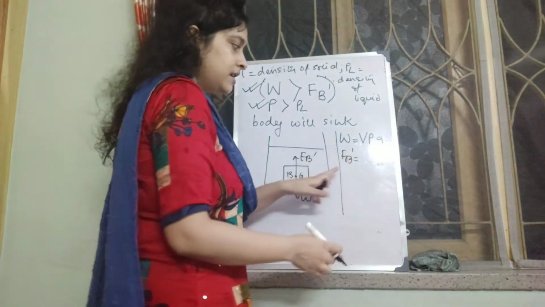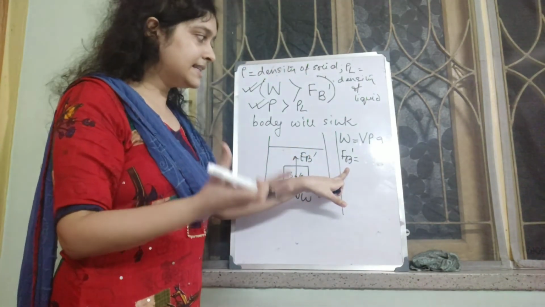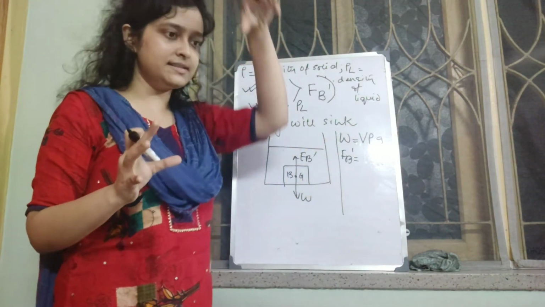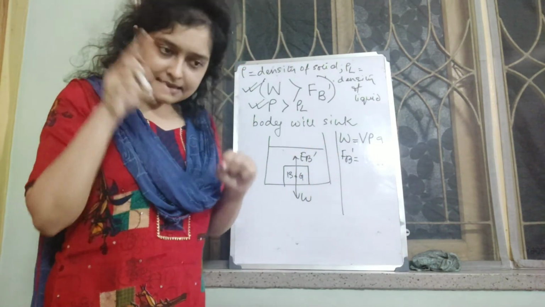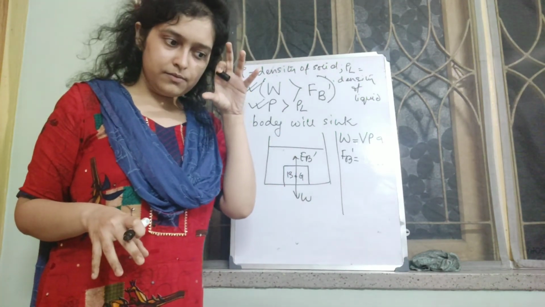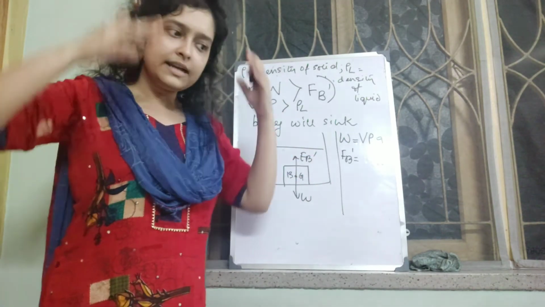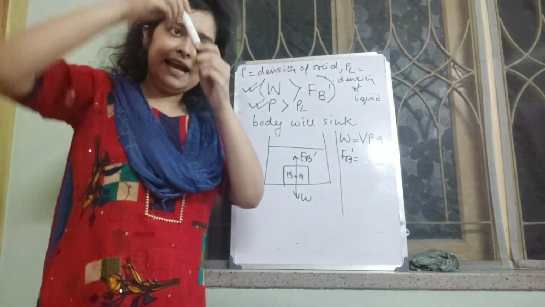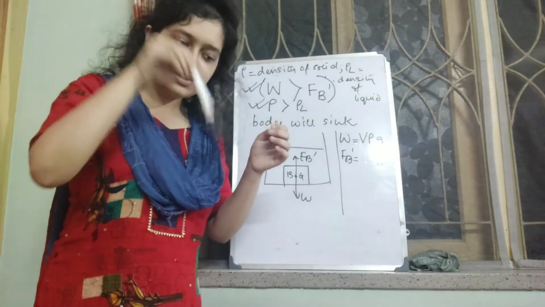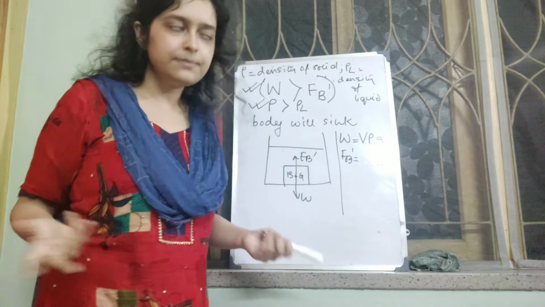When it is maximum upthrust, FB dash, that means when a solid is completely immersed in the liquid, the solid will displace how much volume of the liquid? Its own volume. If the entire marker is dipped inside water, how much volume of water will it displace? The entire volume of the marker, obviously.